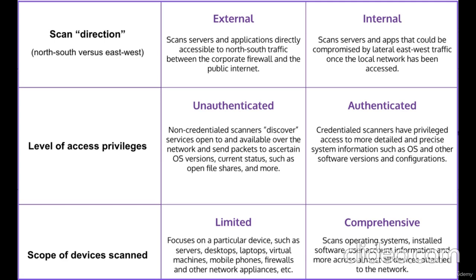So there are many types of vulnerability assessment scans nowadays: network based scans, host based scans, wireless scans, application scans, database scans. What are network based scans? They identify possible network security attacks and vulnerable systems on the network.